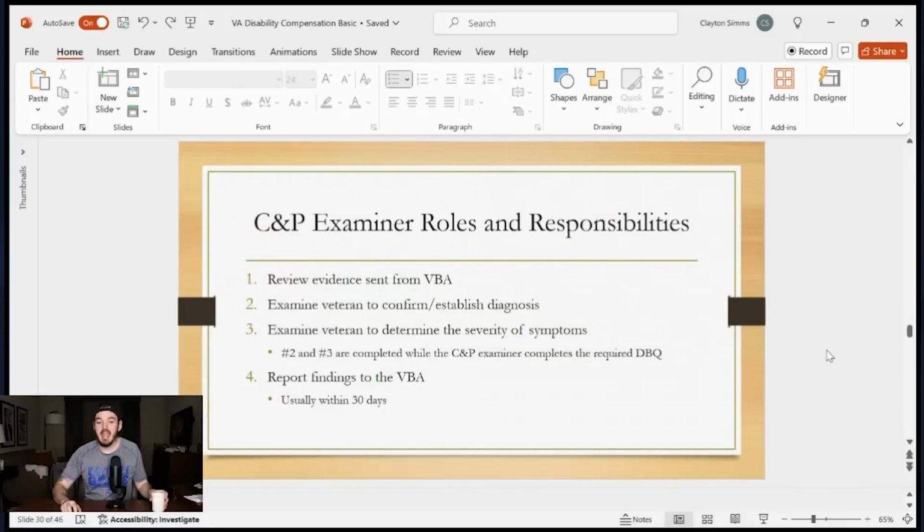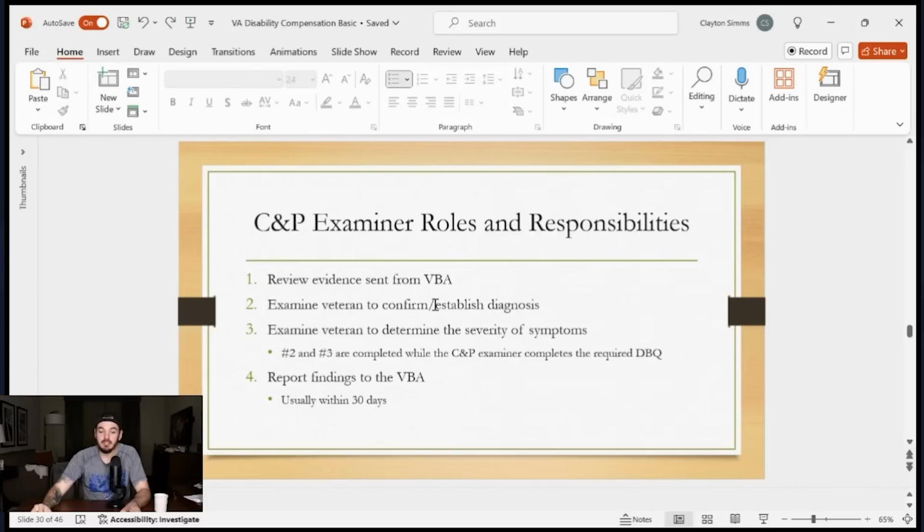Okay, C&P examiners, roles and responsibilities. Here's what they do. The C&P examiner reviews evidence sent from the VBA. Now, we can talk about OIG reports, that's a whole other topic. It's not looking good, FYI. Number 2 is examine the veteran to confirm or establish the diagnosis.